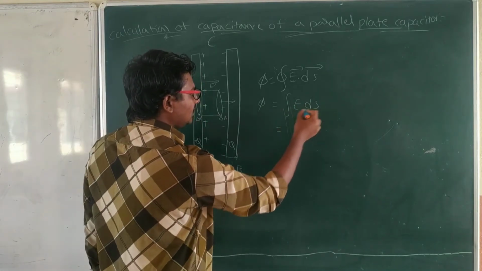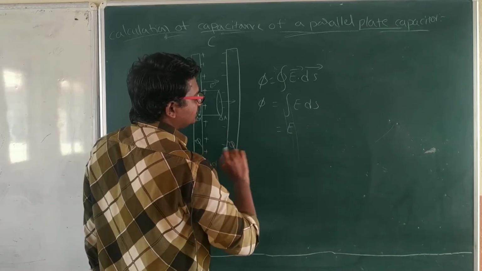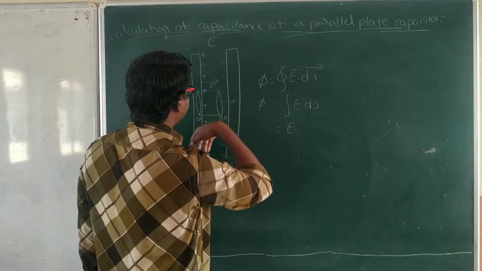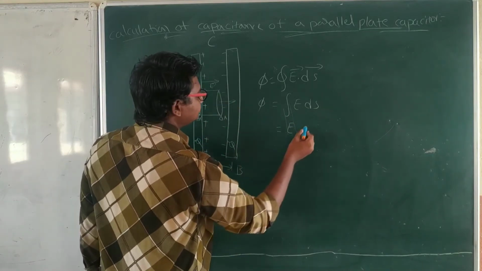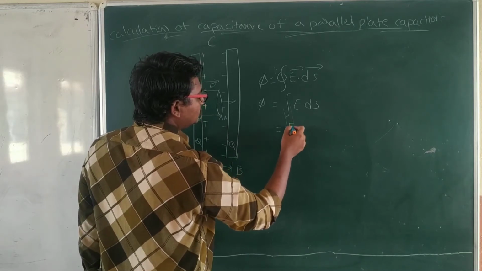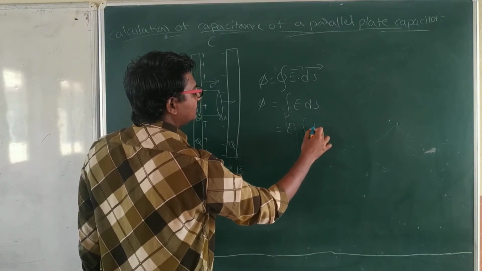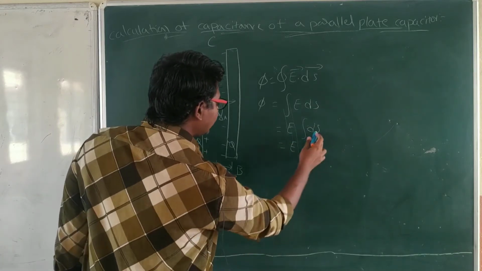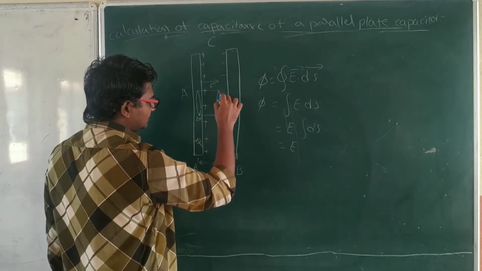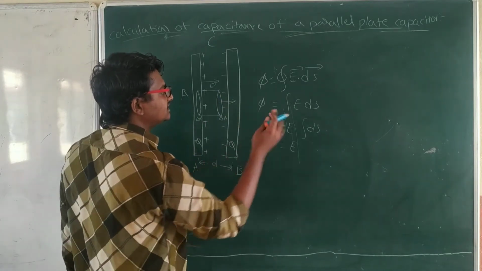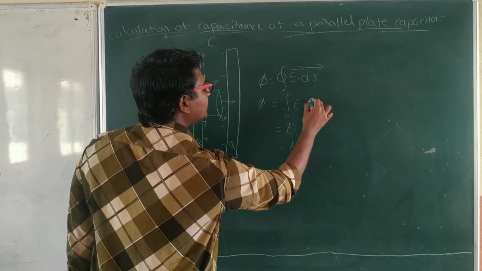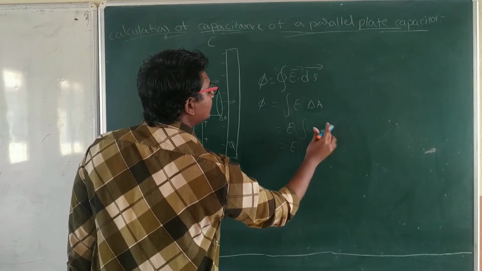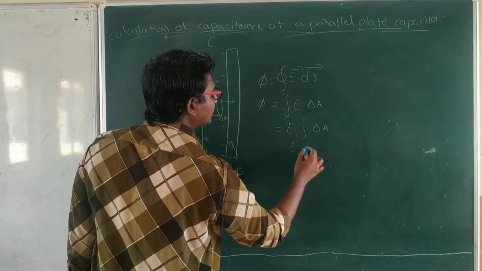Here, let's keep E like this only. E means electric field produced by the plates. Here ds represents delta A only, or else we can write integral E delta A also, no problem.